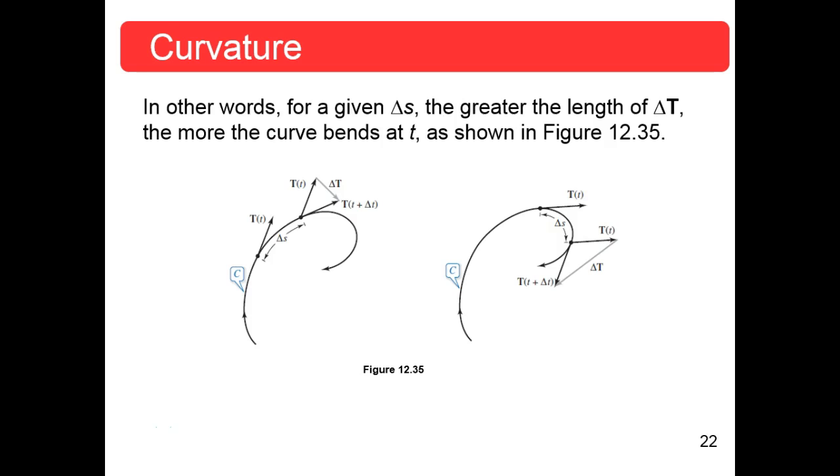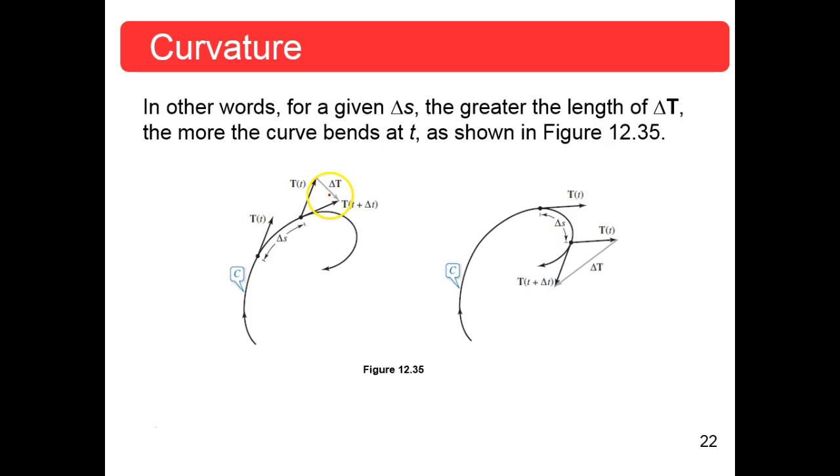So here's an example. Here is your unit tangent vector. To me they may have a little bit too much of an angle, but we'll agree that that's the unit tangent vector. If you moved along the arc length to there, and your original unit tangent vector was there, but your unit tangent vector at t plus delta t is there, then the change of the unit tangent vector was there.